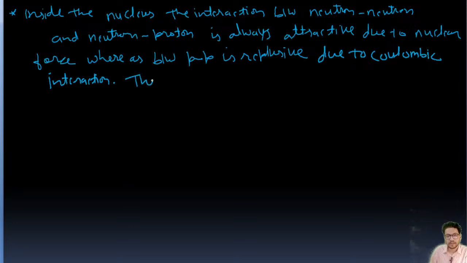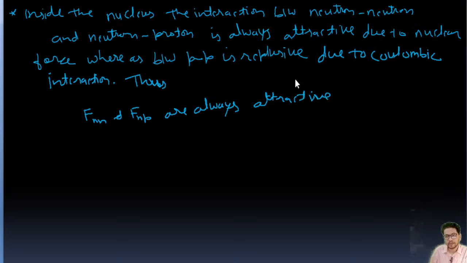Thus we can say FNN and FNP are always attractive, and FPP, because of the Coulombic force, is repulsive.